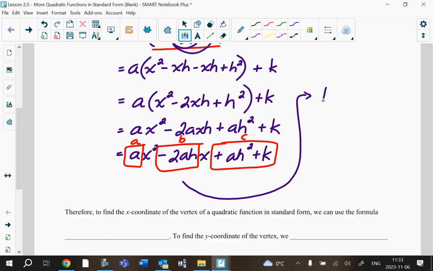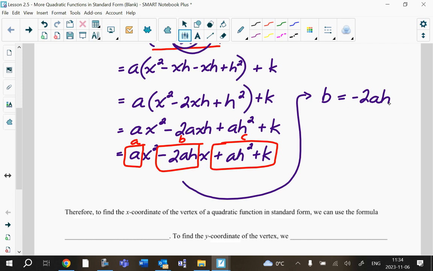B is equal to negative 2A times H. That's what B is. How would I solve for H? How would I get H by itself? How would I get rid of this?